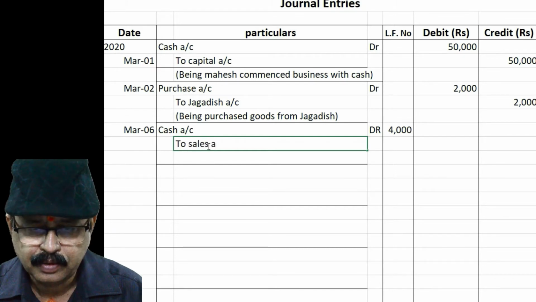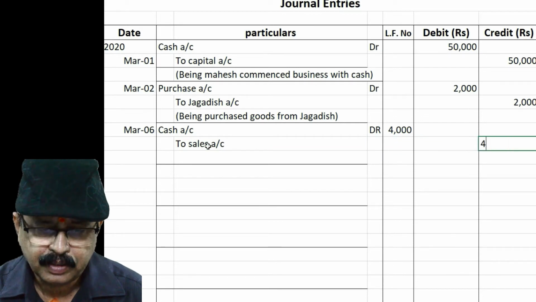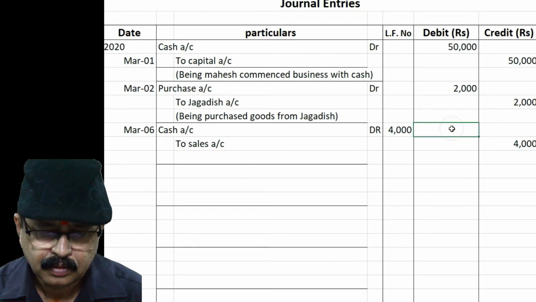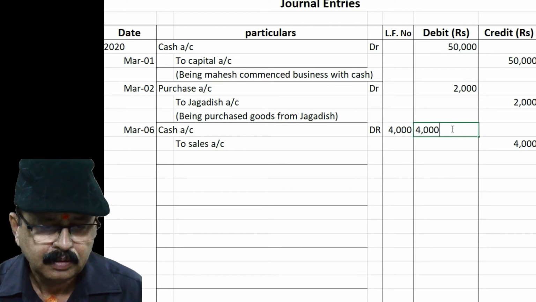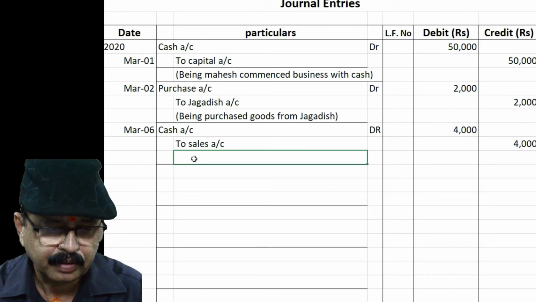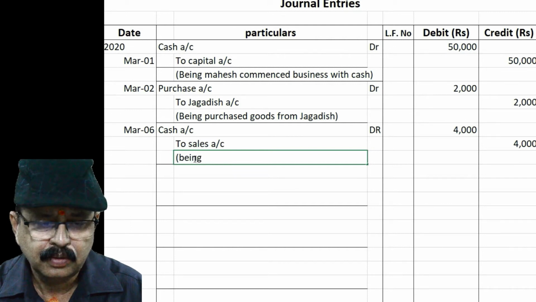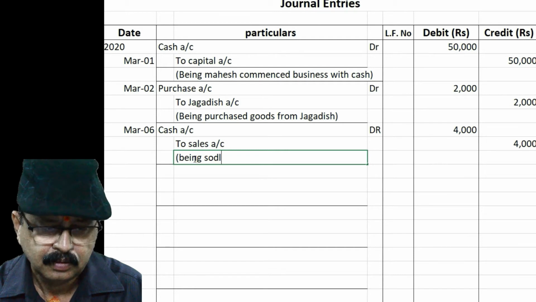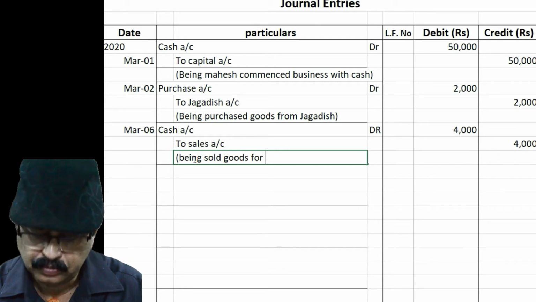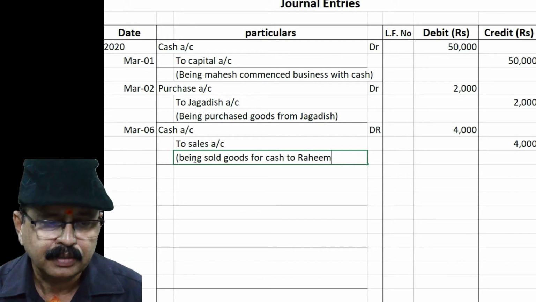Directly in the credit column we write 4,000. Okay, narration: being sold goods for cash to Rahim. Everything we have to write here.